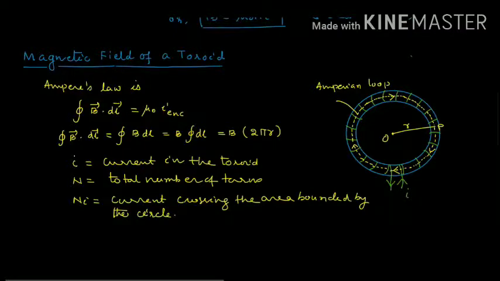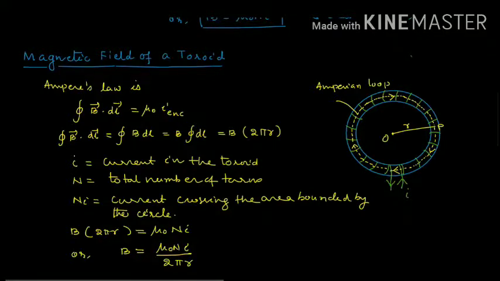So using Ampere's law, B into 2 pi r is equal to mu0 times NI, or B is equal to mu0 NI by 2 pi r. So this is the magnetic field inside the toroid. The direction of the magnetic field can be found by using the right hand thumb rule.